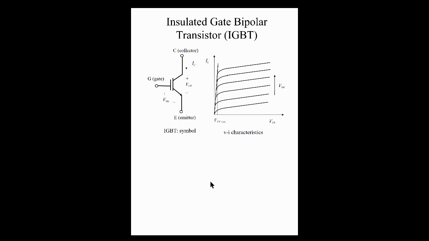And so these two features are combined. So this is basically a combination of these two devices, right? The IGBT, that's the insulated gate bipolar transistor, right? So it's taking the best of the two, right?